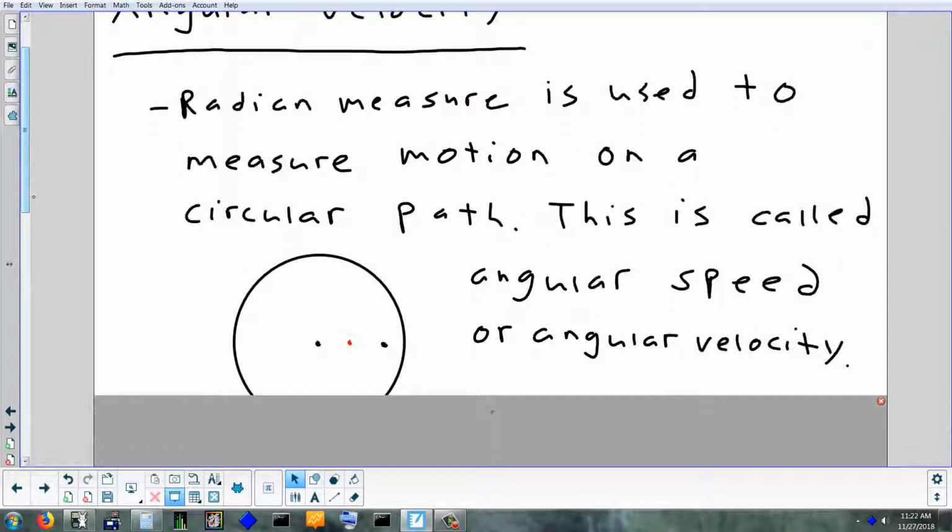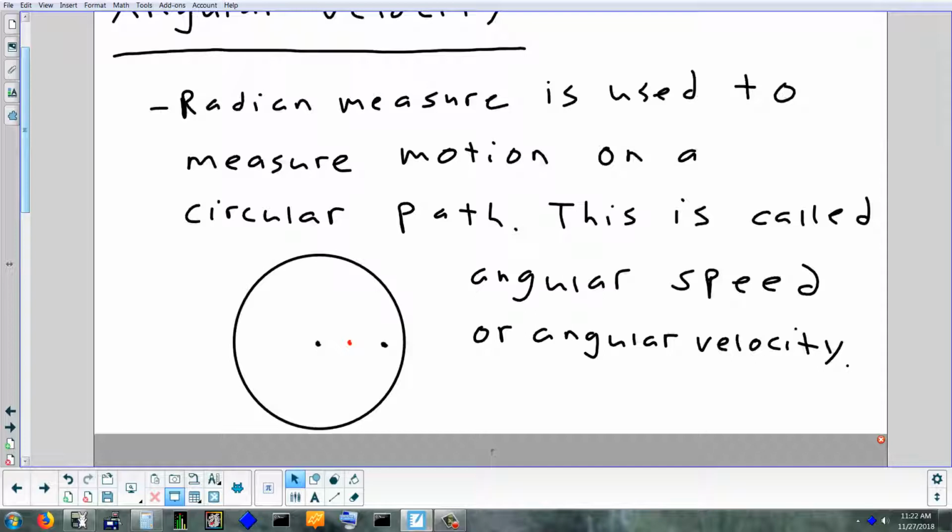If you measure something spinning in a circle, the type of speed unit you're used to, like miles per hour or feet per second, doesn't work very well. So I'm going to look at this diagram and we're going to see why we need angular speed. All right, so let's take a look at it. I've got 3 dots.